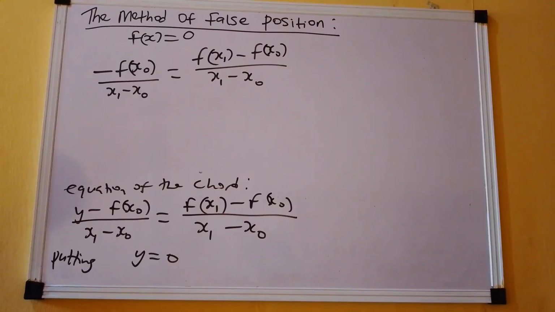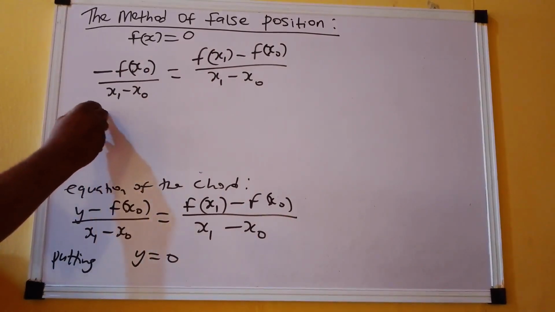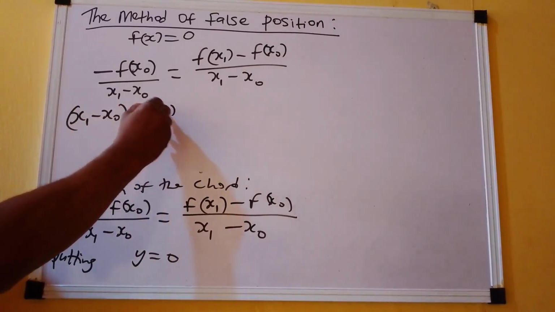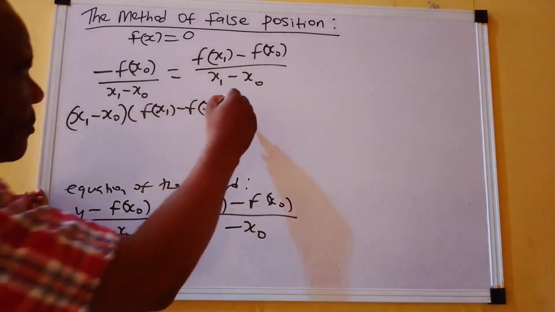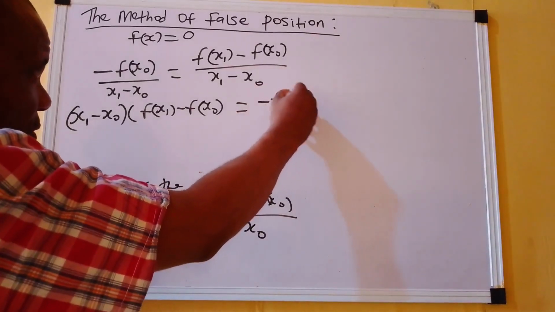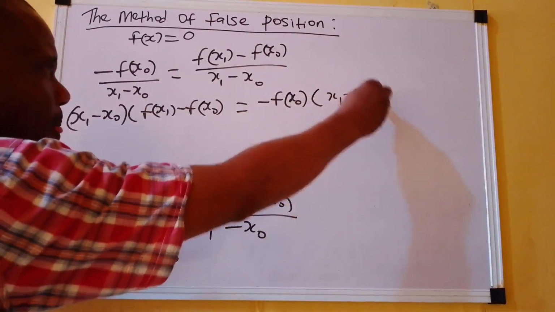Then this will now give us, this will go here: (x1 minus x0) into f of x1 minus f of x0 is now equal to minus f of x0 into (x1 minus x0).